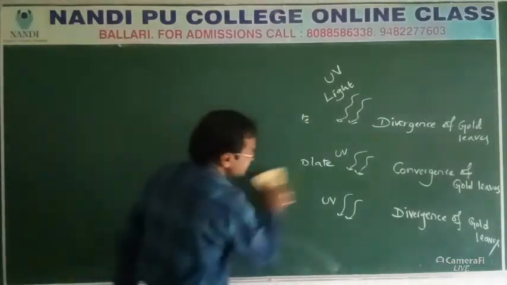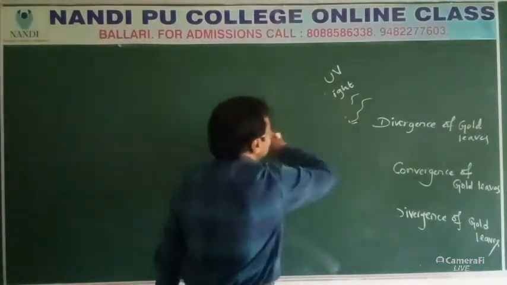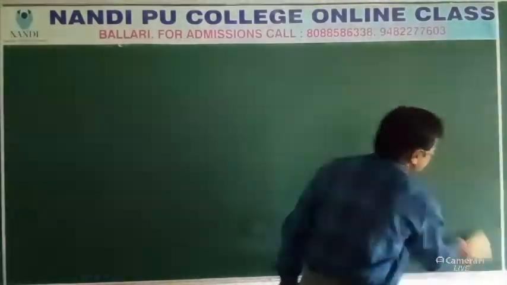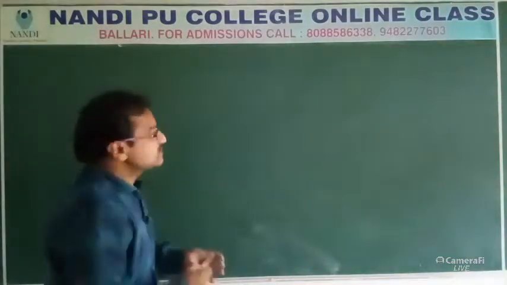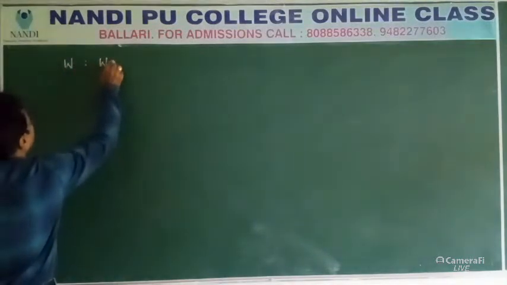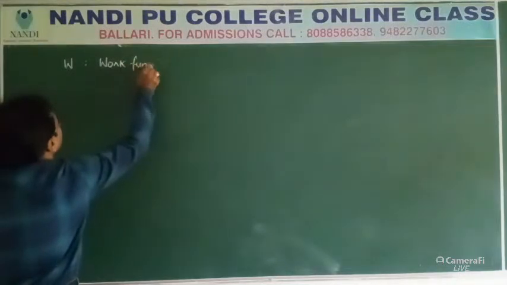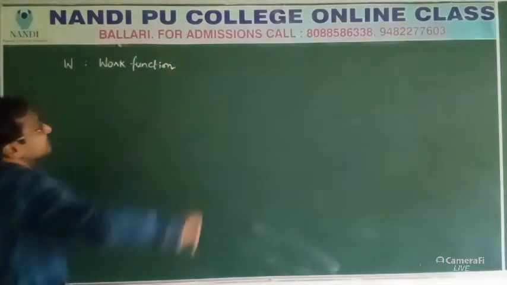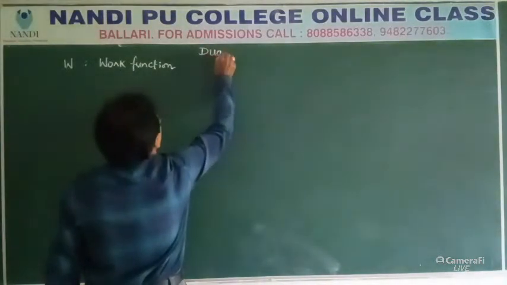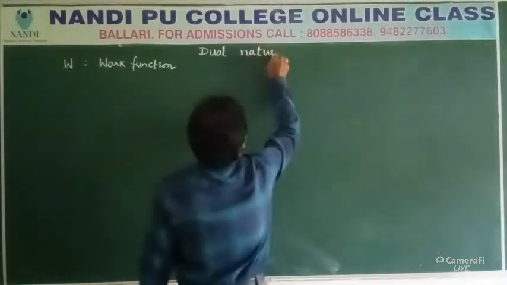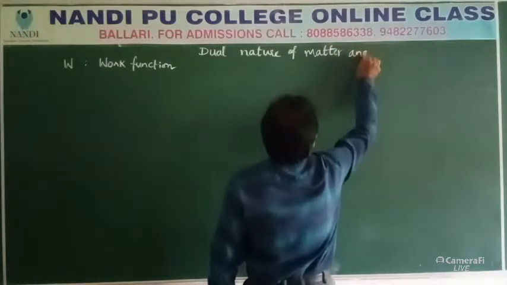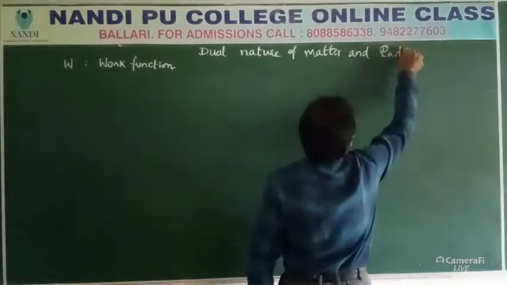The minimum energy required to just escape the electrons from the metal surface. See here, W is work function. What is the lesson name, children? Don't forget this lesson name: Dual Nature of Matter and Radiation.